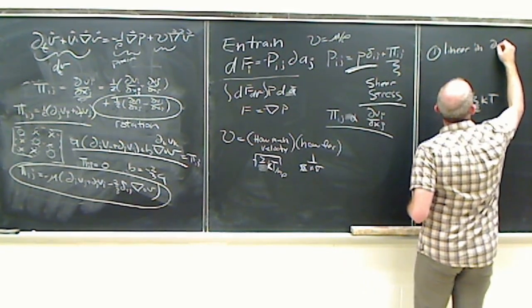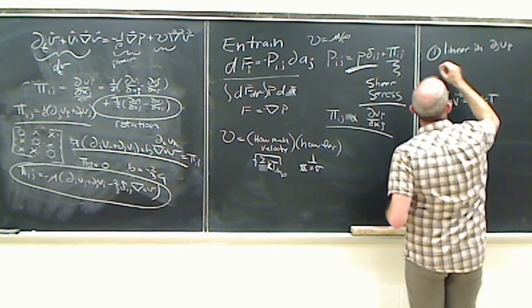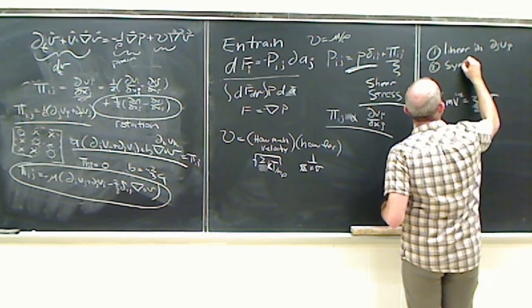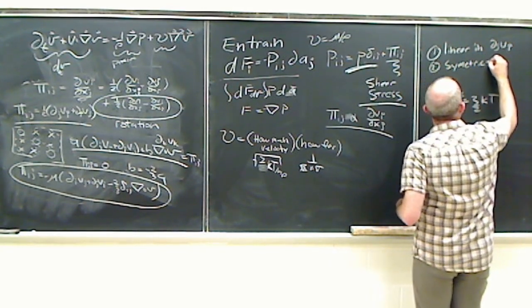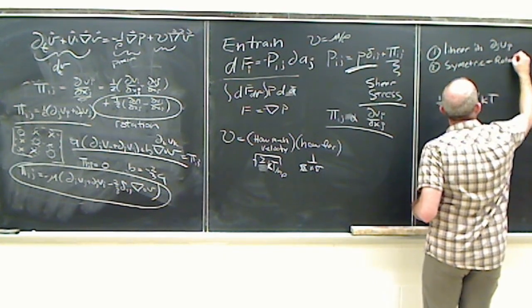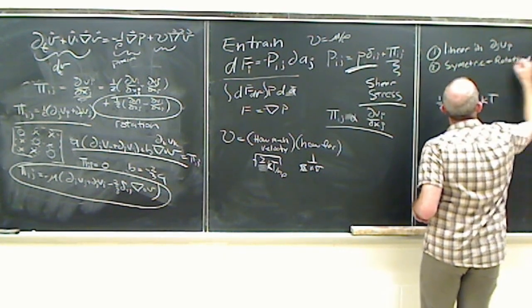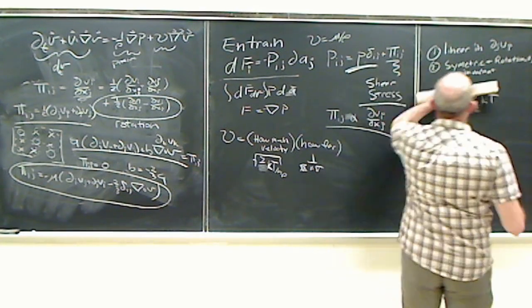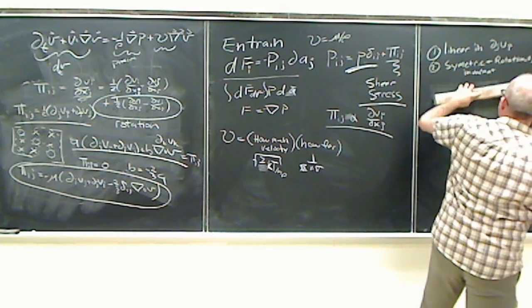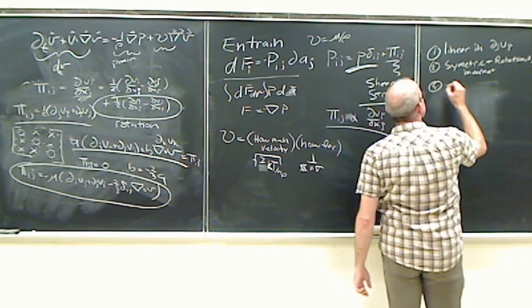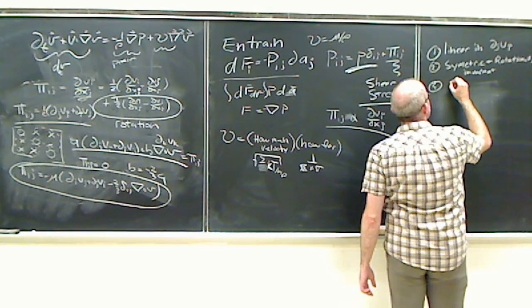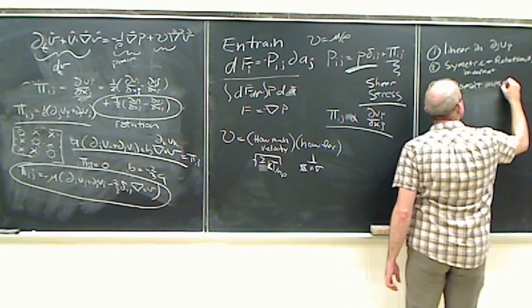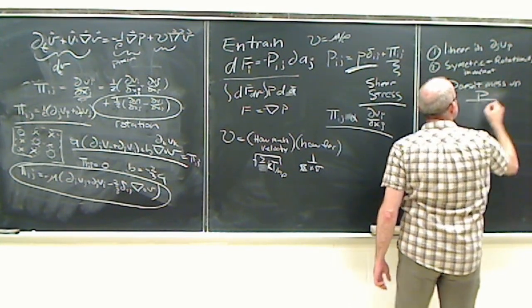One, linear in dj vi in all of those terms. Two, it's symmetric and rotationally invariant. And three, doesn't mess up the pressure.